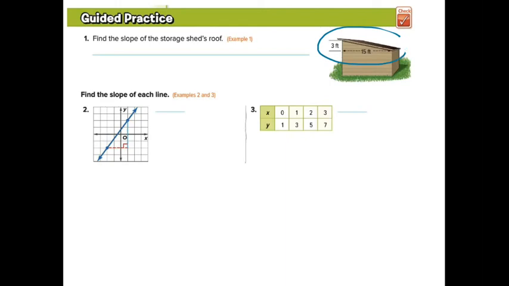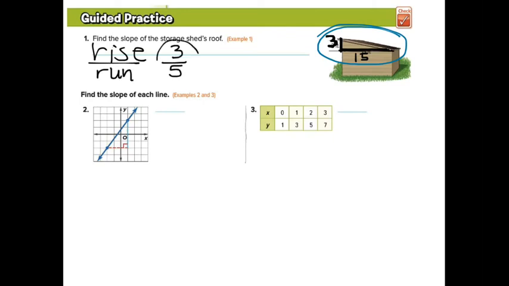If we focus in right here on the storage shed, it tells us that 3 feet is the vertical change, or the rise. 15 feet is the horizontal. So my rise is 3. My run is, oh, not 5, 15.